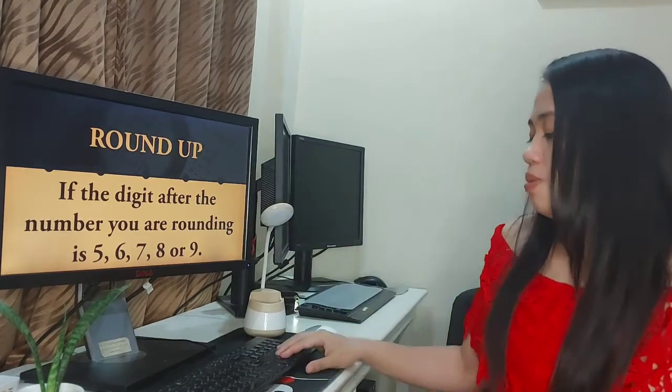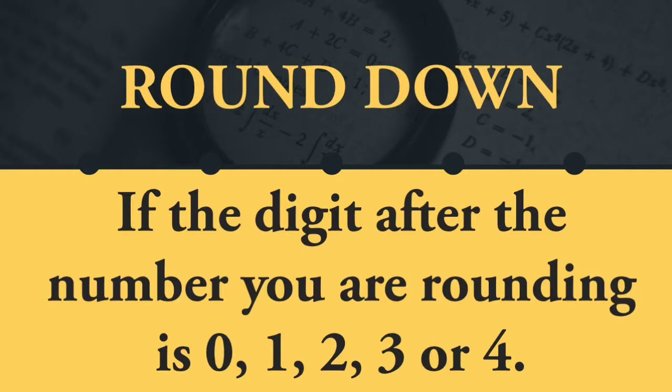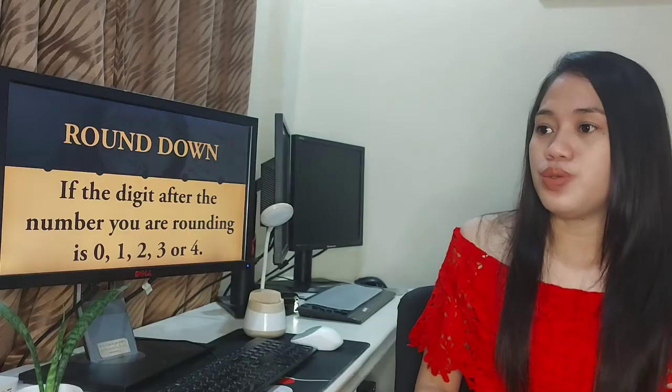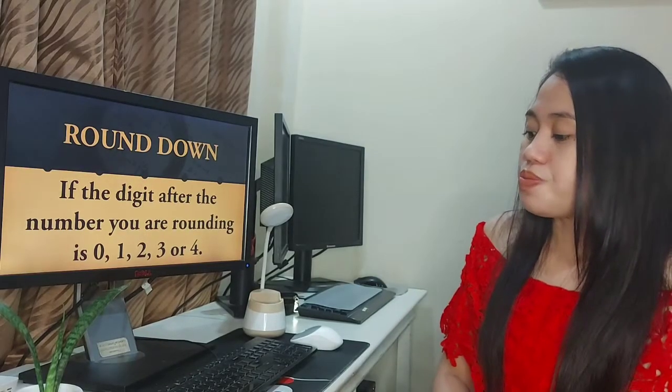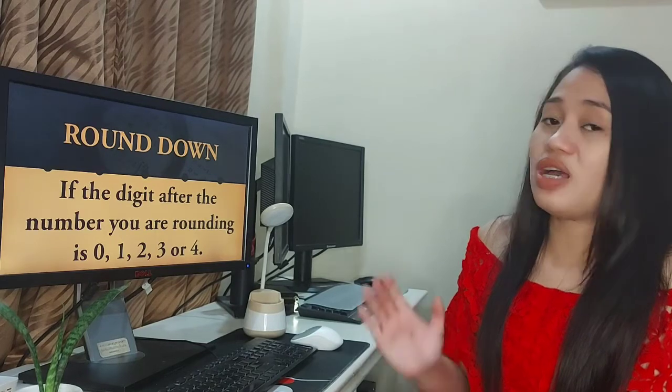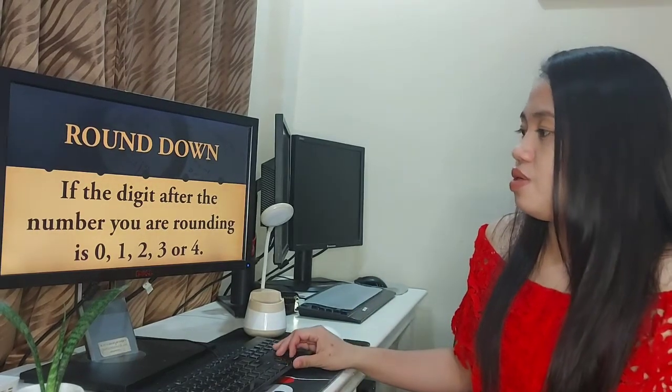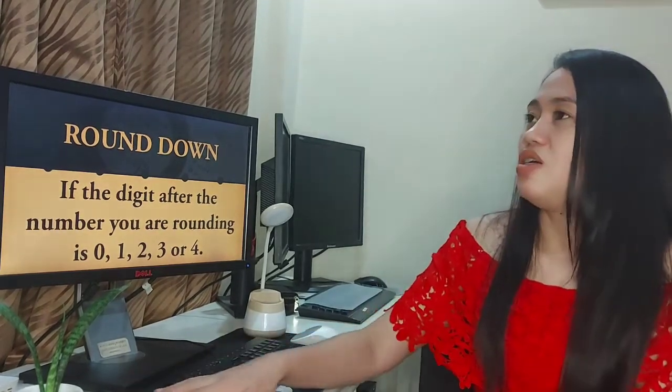So that's round up. Okay. Round down naman, if the digit after the number you are rounding is 0, 1, 2, 3, or 4, you round down, or you don't add 1 to it. So the number just sticks.